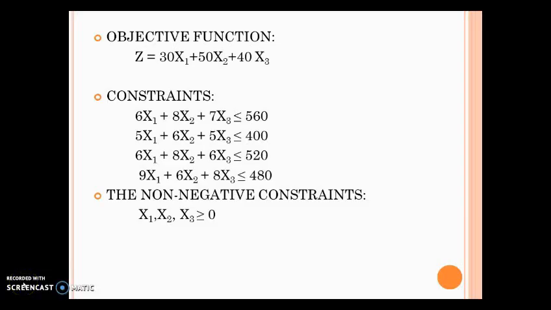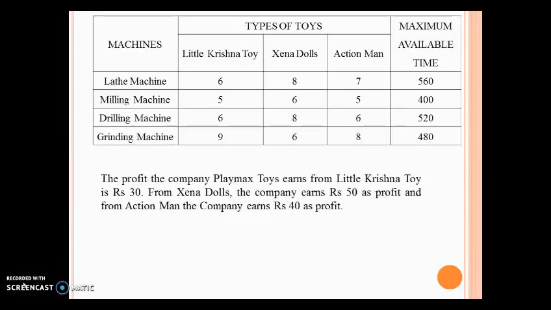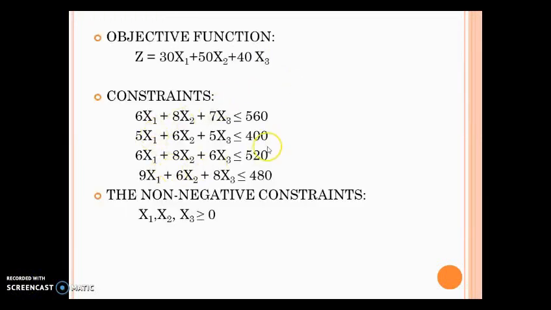The objective function for the given case study is z equals 30x1 plus 50x2 plus 40x3, where x1, x2 and x3 are the 3 decision variables, that is Little Krishna toy, Jenna dolls and Action Man. The 4 constraints are as follows, and x1, x2 and x3 are the non-negative constraints which will always be greater than or equal to 0. To solve this problem, we will go to Microsoft Excel 2010.